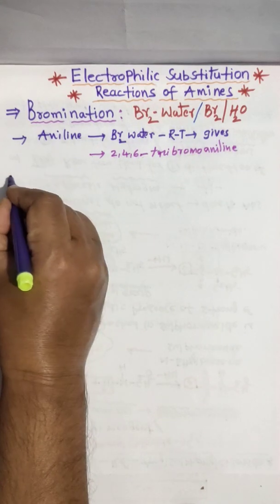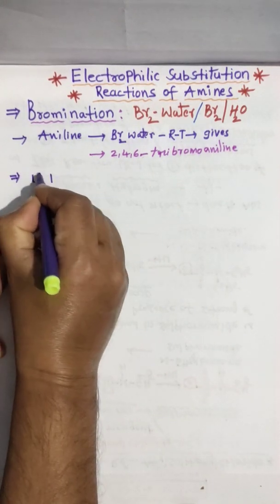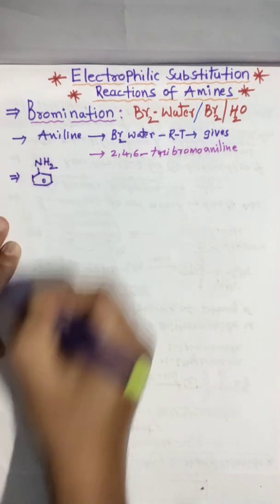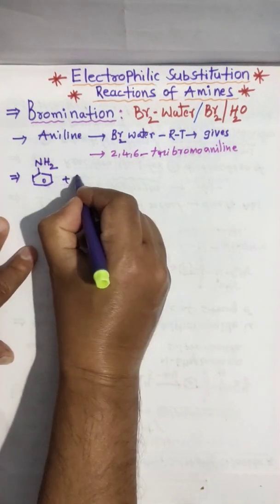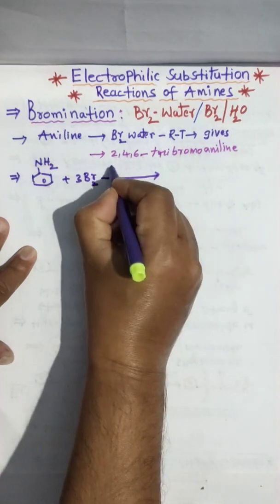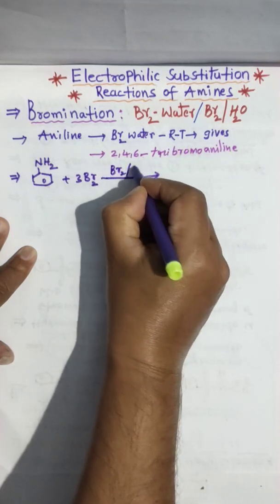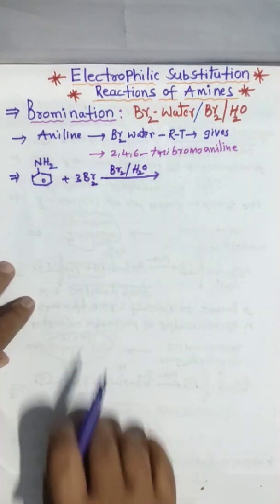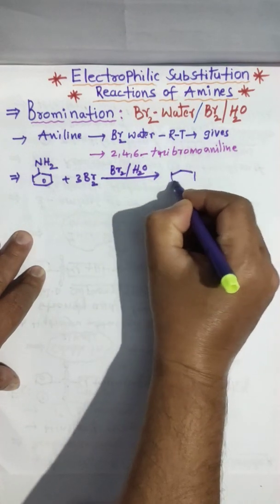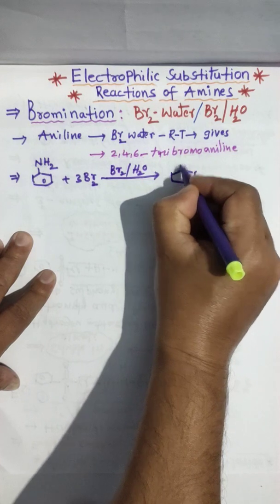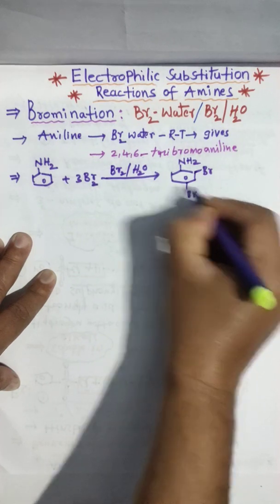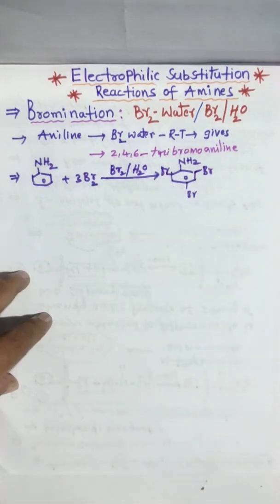Look here, I am showing that you take aniline, that is aminobenzene. It reacts with 3 moles of bromine, taken in water, that is bromine water. Then 3 moles of bromine react and you get 2,4,6-tribromoaniline, that means the ortho-para product.